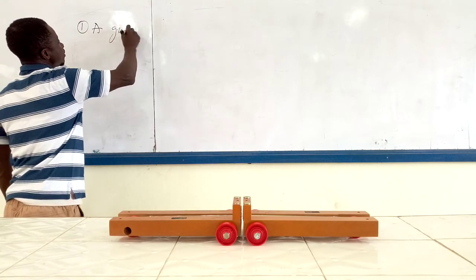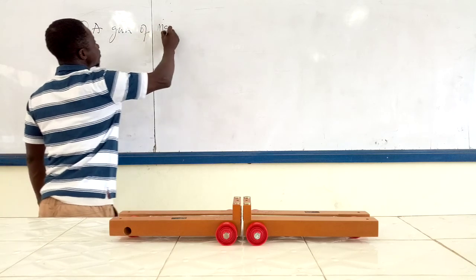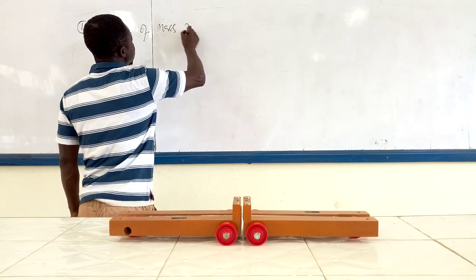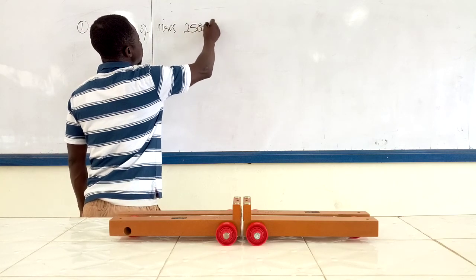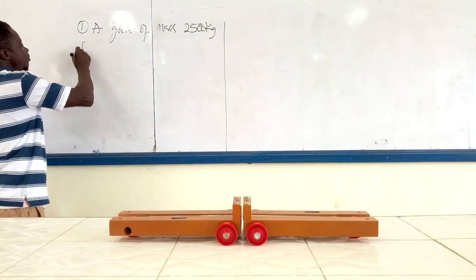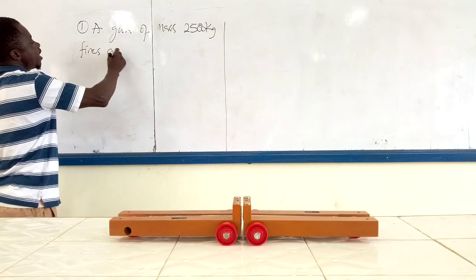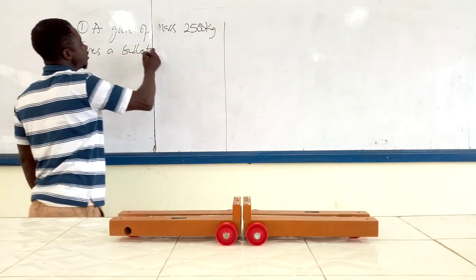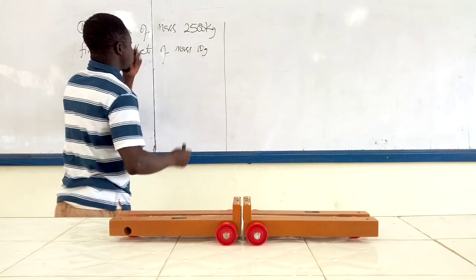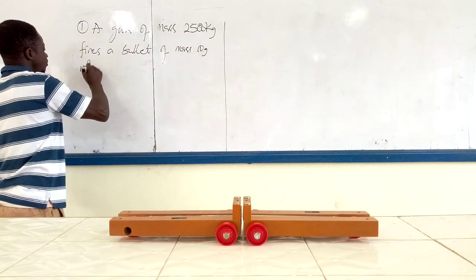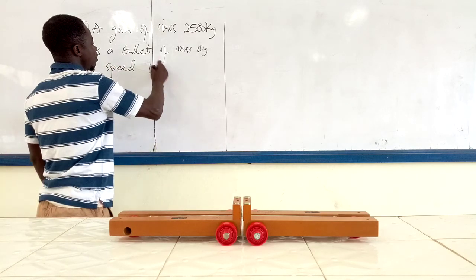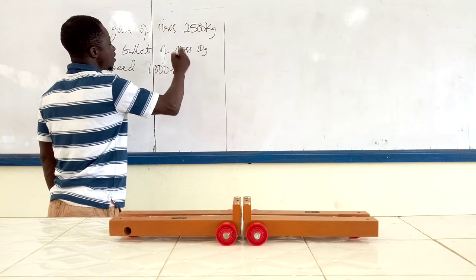A gun of mass 2,500 kilograms fires a bullet of mass 10 grams with speed 1,000 meters per second.